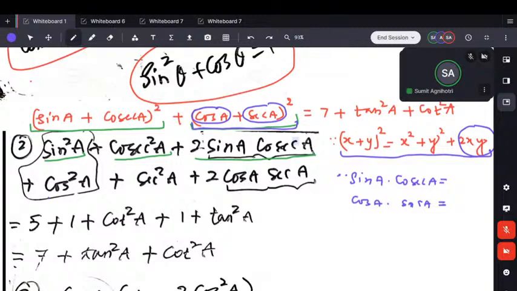Sin theta into cosec theta is equal to which value? Tell me please. Yeah, it's 1 exactly, and cos theta into sec theta is also 1. Yeah, it is written here.